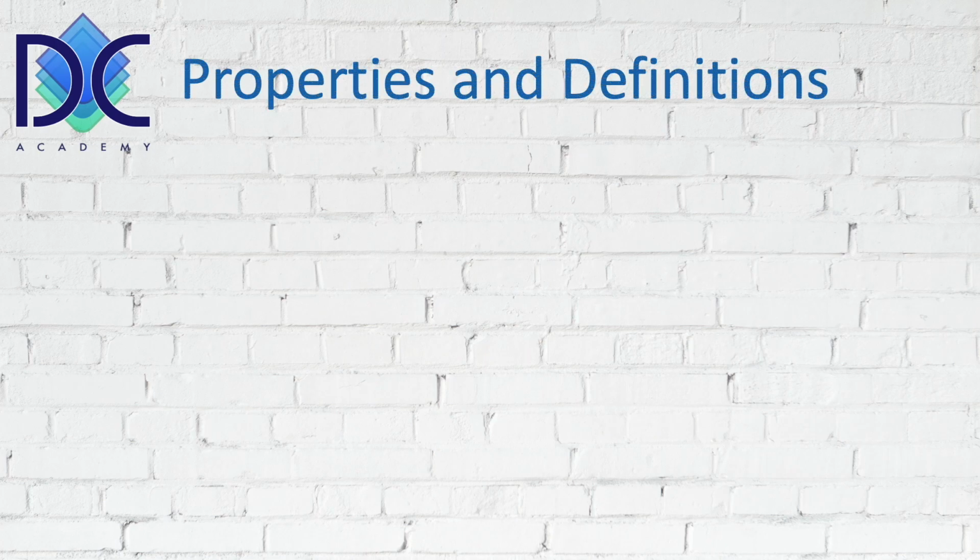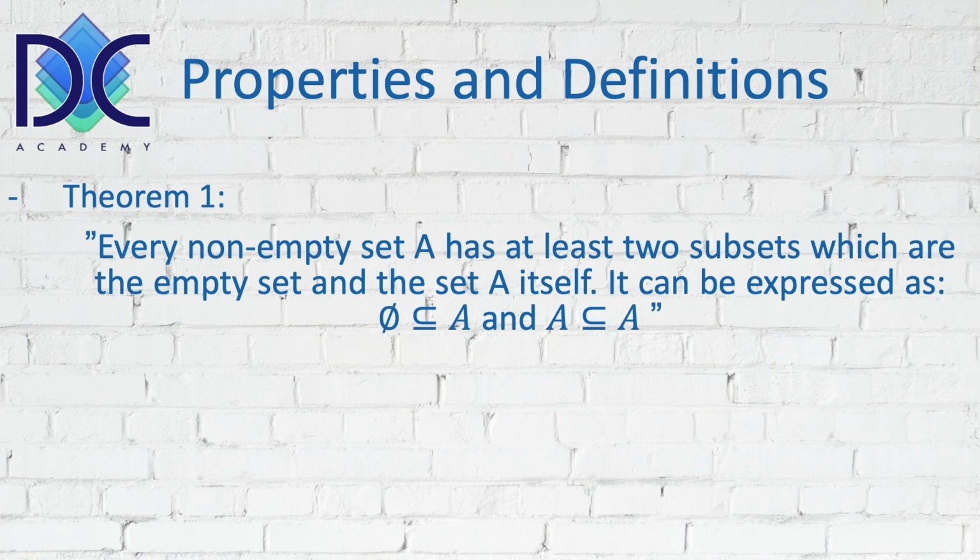In order to continue, we have to look at some properties and definitions related to these sets. We can describe a first theorem saying that every non-empty set A has at least two subsets, which are the empty set and the set A itself.